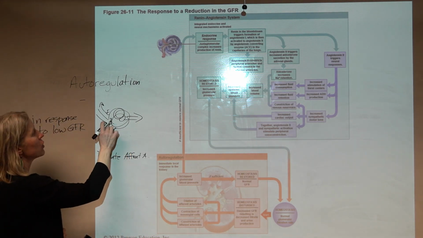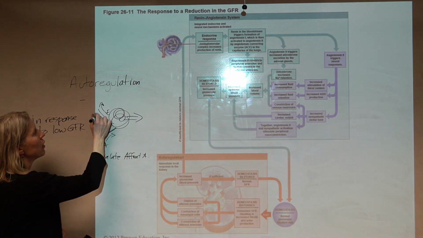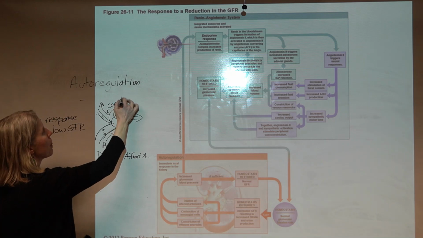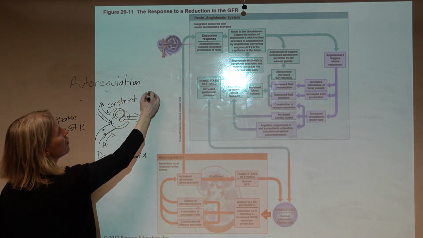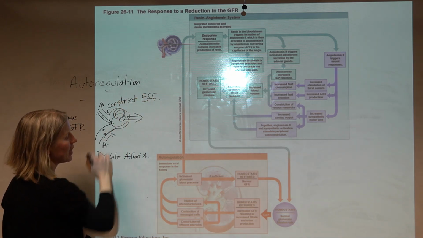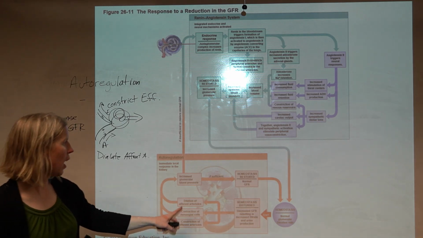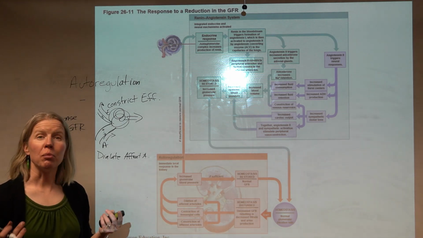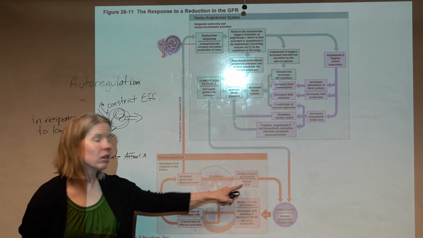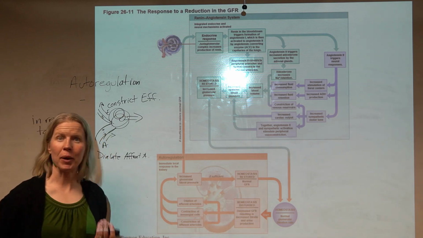Instead of a garden hose, you get a straw, right? So we're going to constrict the efferent, right? And that is going to increase glomerular blood pressure and therefore increase our GFR, right? We get back to homeostasis.